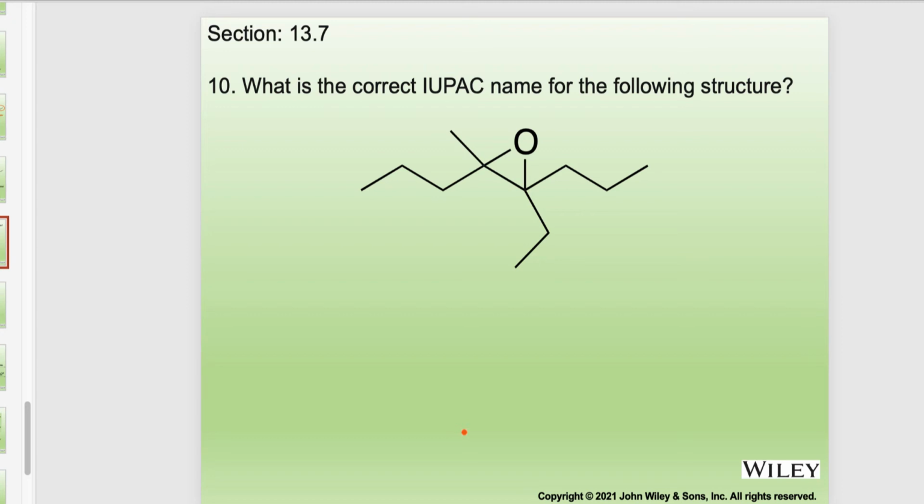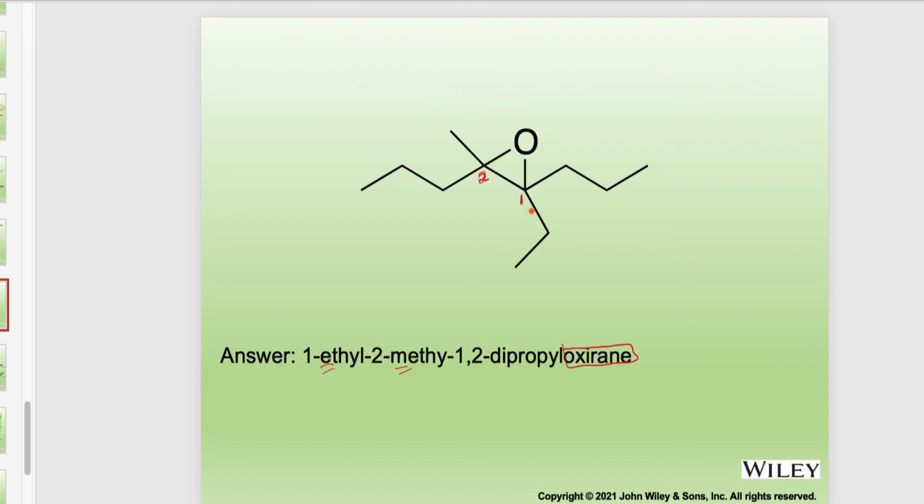What's the correct IUPAC name for the following structure? Jot it down. Don't just look at the structure and come up with the name. You must write down the structure, analyze it, assign numbers, and in this case, the task is to come up with the IUPAC name. So here we will name this as an oxyrane. And we have the 1 and the 2 position.